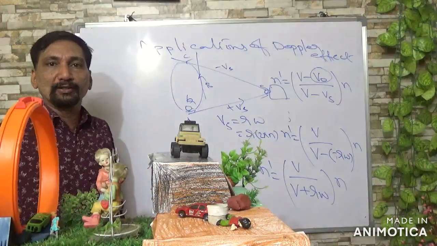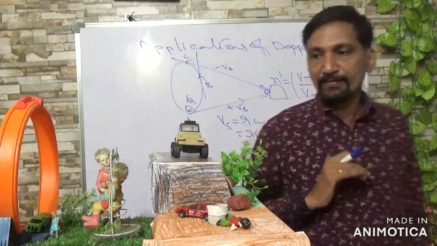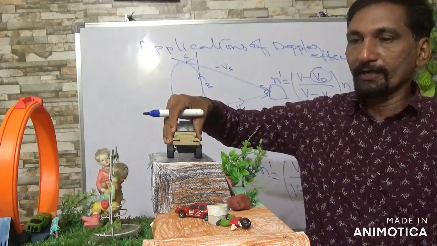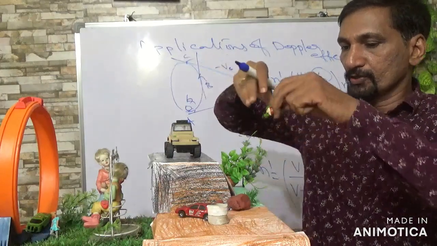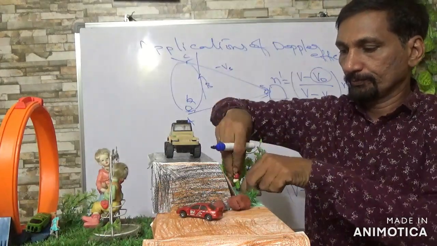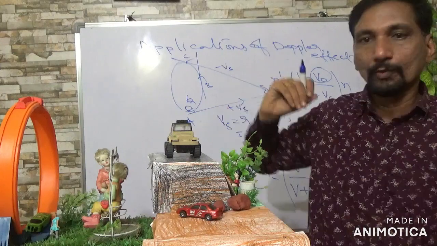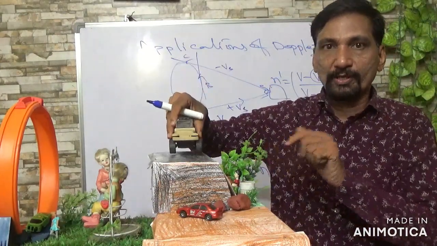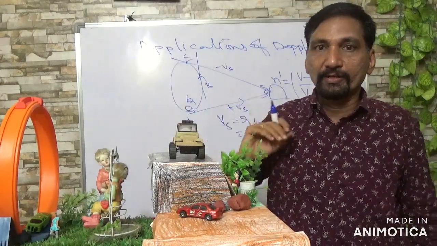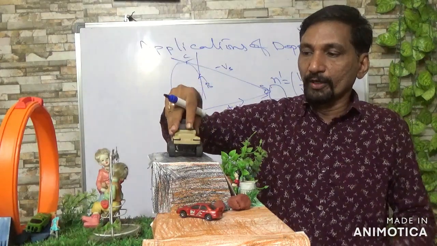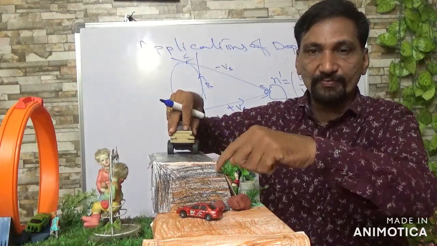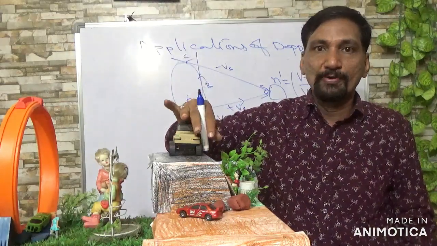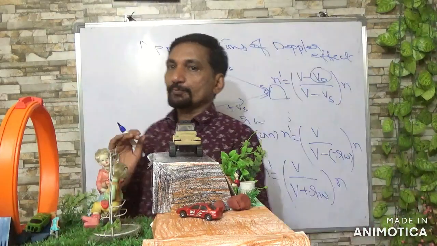Now about the other one, the inclined plane. See this one: the source is on an inclined plane and the observer is standing. Whenever the source is on an inclined plane, this is the resultant velocity, say V, with a horizontal component and a vertical component upwards.